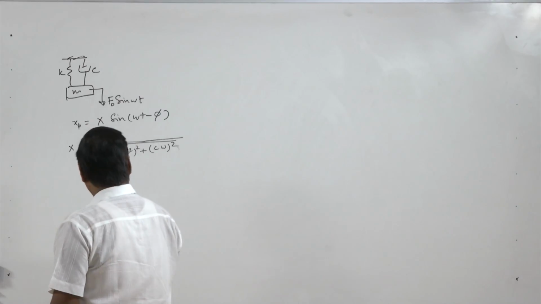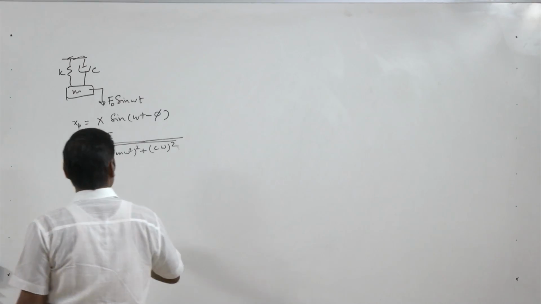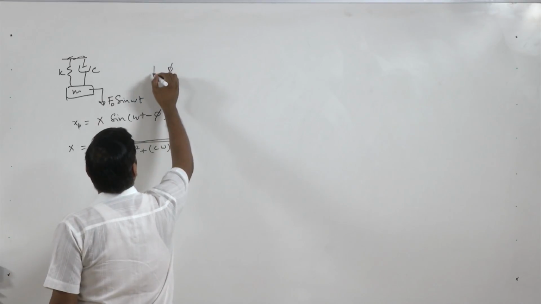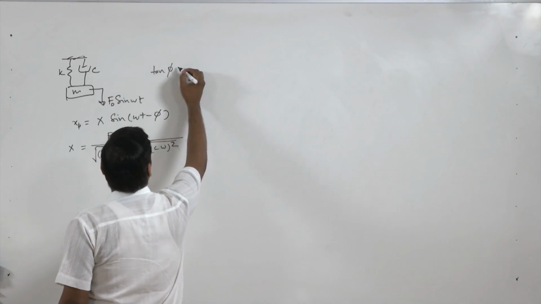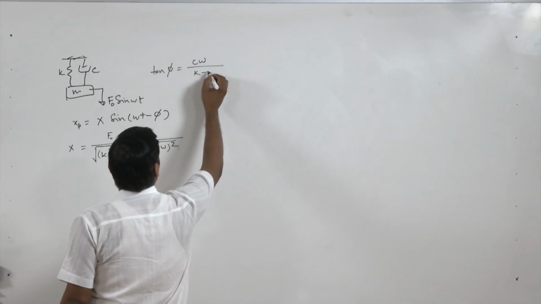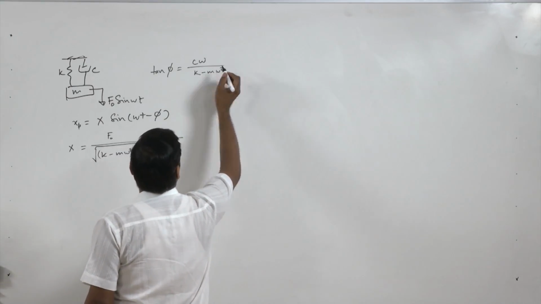So this was X, and we had the phi, that is tan phi equal to c omega upon k minus m omega square.